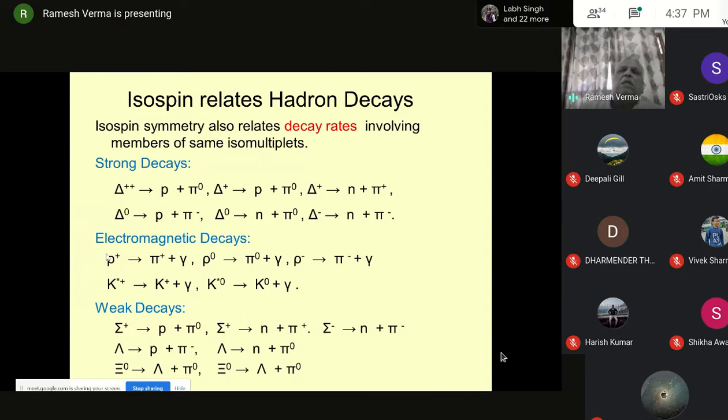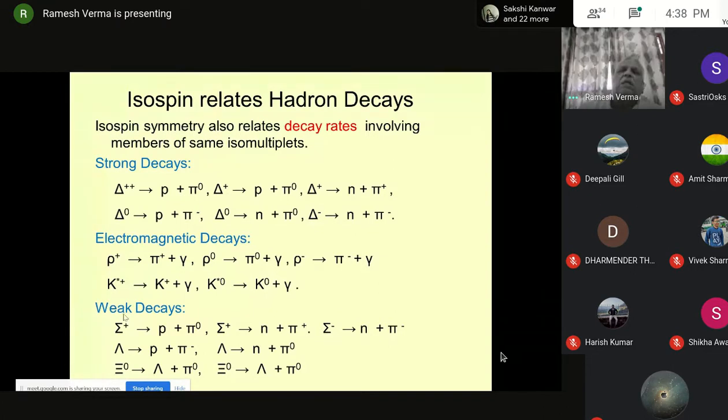So these three can be related through isospin symmetry. In the same way, K star plus going to K plus gamma, and K star zero going to K zero gamma, because here again initial state and final state respectively belong to the same isomultiplet. So they can be related.